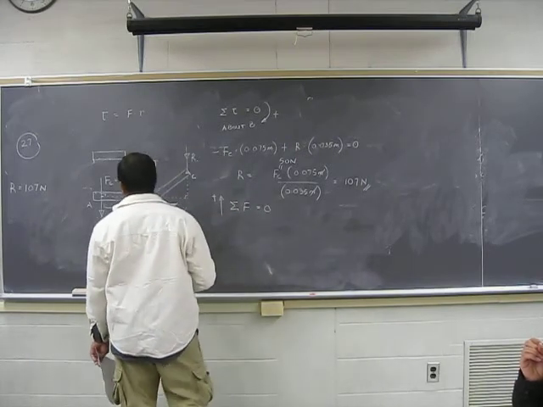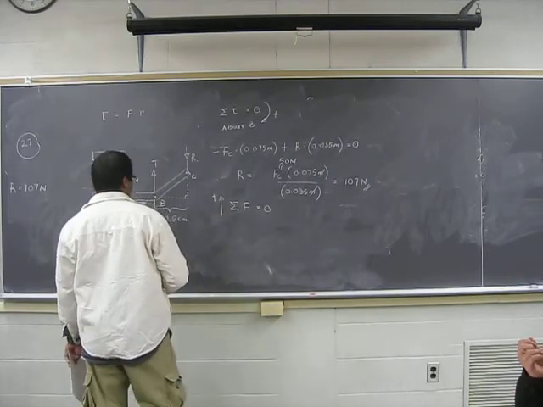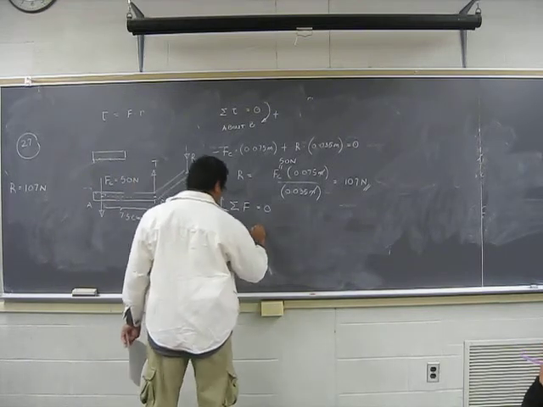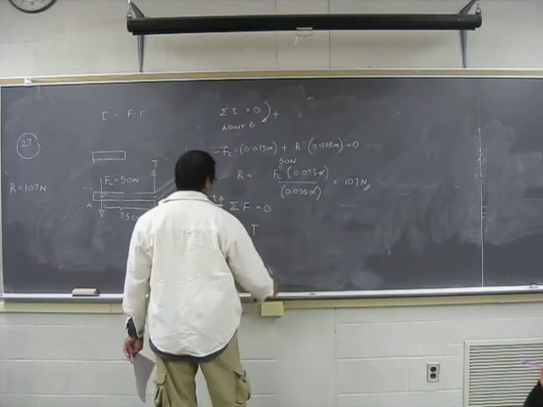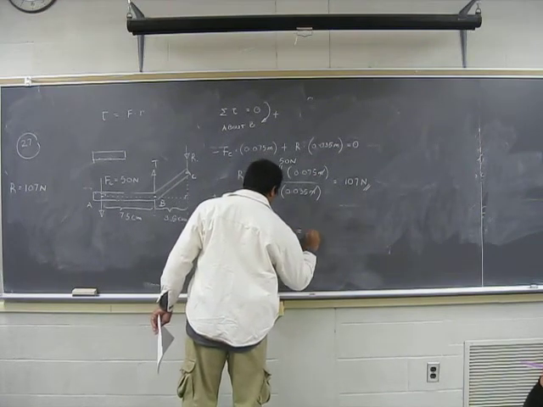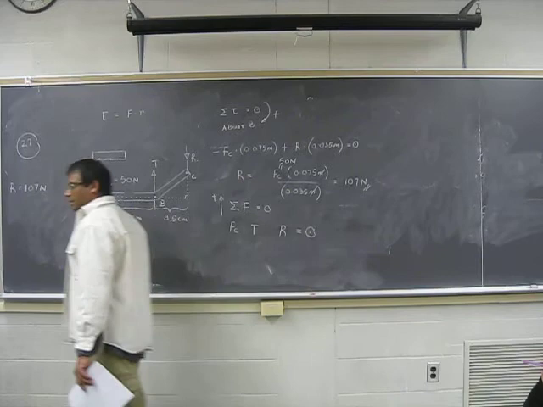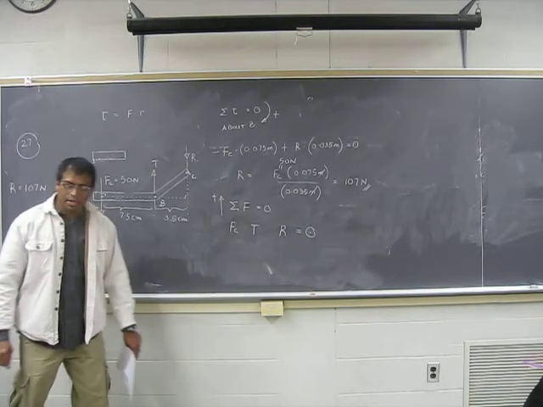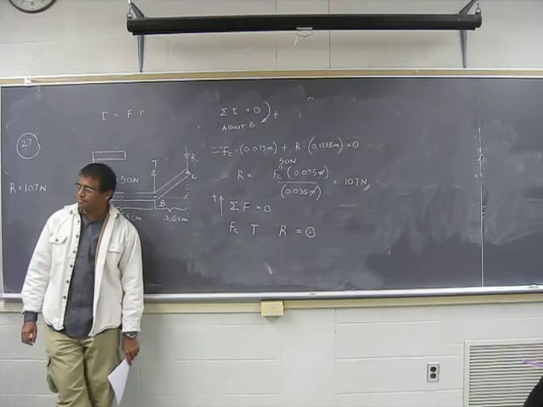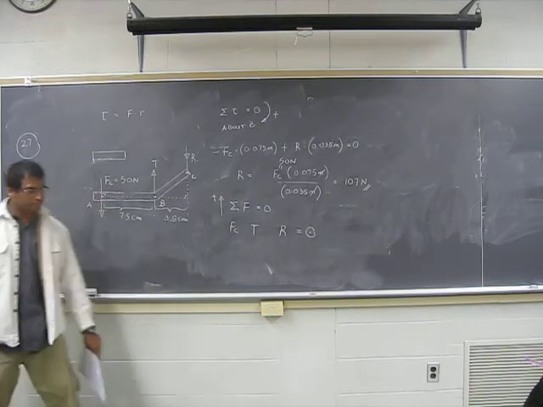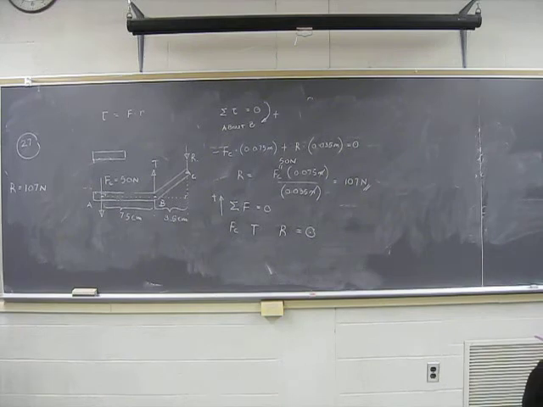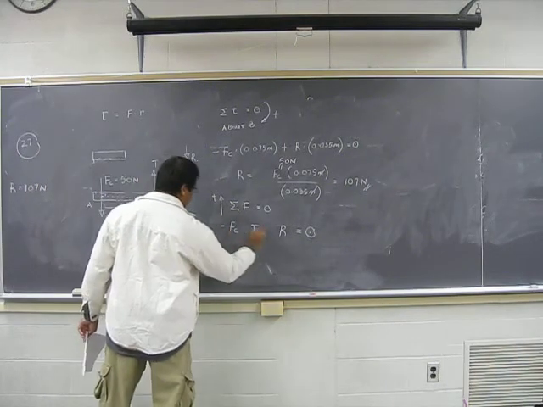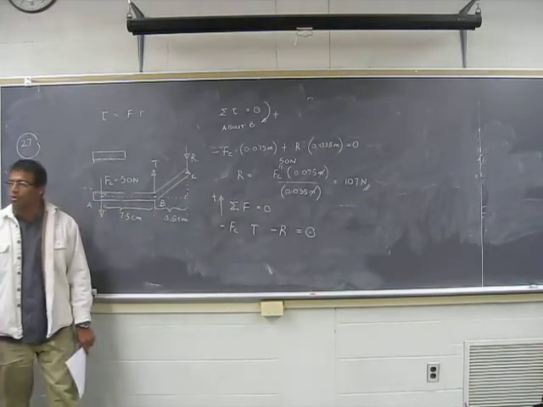So let's start looking at our forces. We have Fc, we have T, we have R, and the sum should be 0. Now, question. What forces are negative, what forces are positive? Fc and R are negative, okay. What else?